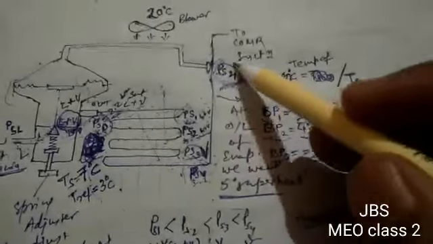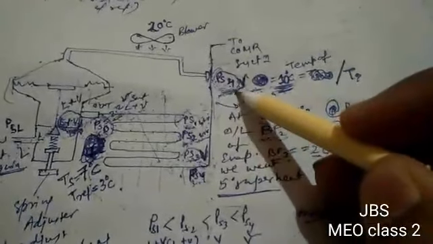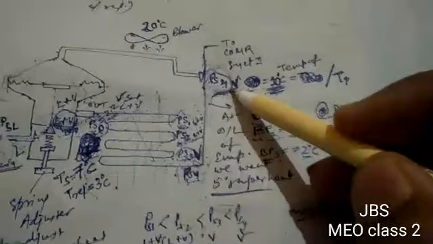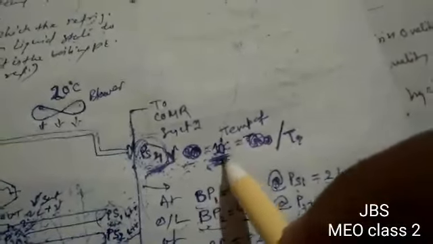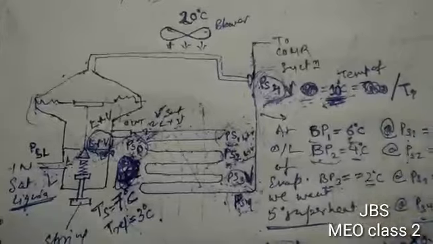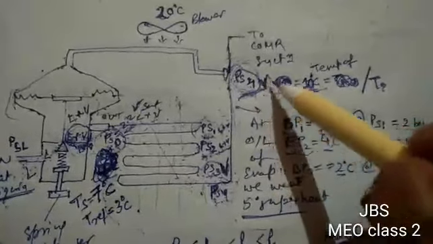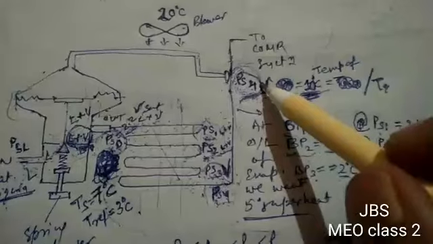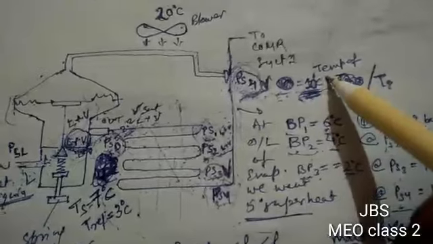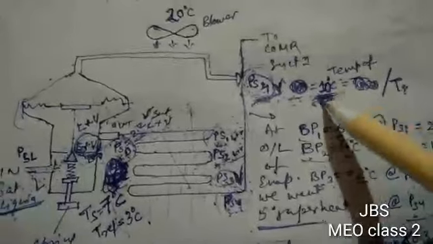The temperature of the vapor at the outlet of the evaporator at saturation pressure PS4 is 10 degrees C. This is not the saturation temperature, it is the temperature of the refrigerant. Saturation temperature is the temperature at which the liquid refrigerant will boil, or there will be a phase change, but here it is already a superheated vapor. There will be no more phase change. So we are taking the final temperature of the refrigerant, that is the superheated temperature, 10 degrees C.